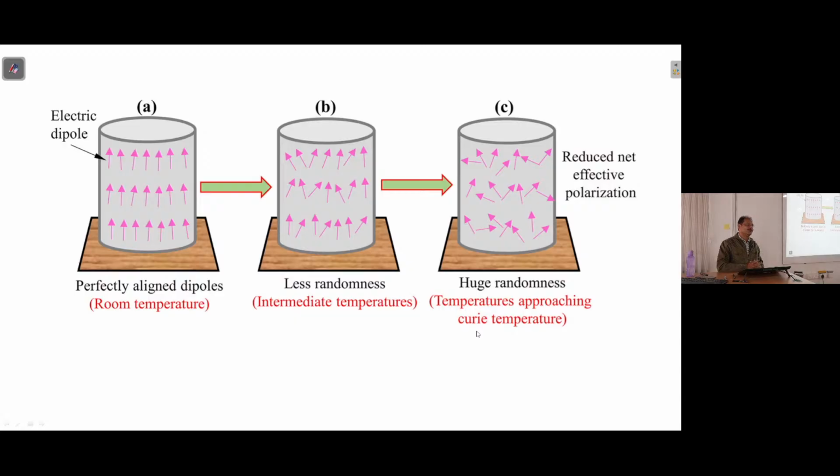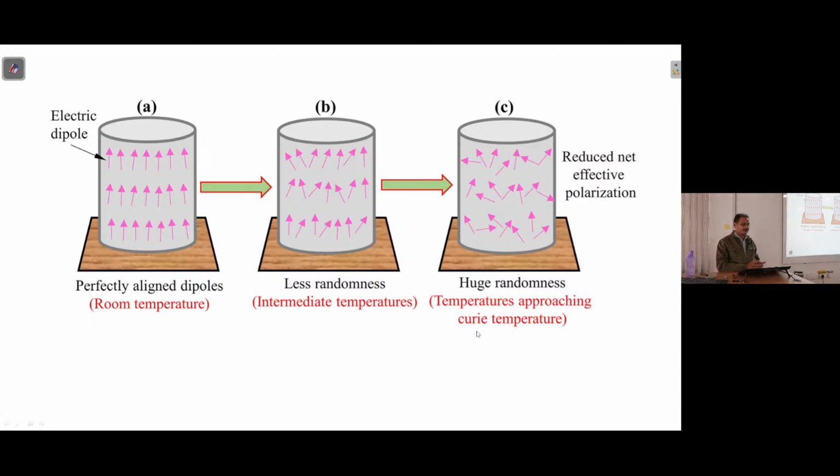Those who are using piezo patches? Amit, Curie temperature, you are aware? No. Okay. Generally we keep using things at room temperature, so those in application areas don't need to bother. But actually these materials have this piezoelectric property only up to a certain temperature. Beyond that, it is lost.